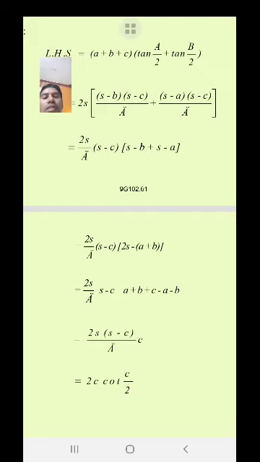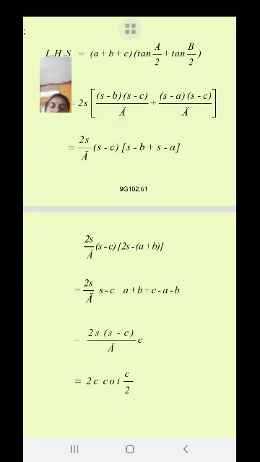Here s minus c should be in a bracket, which is not printed, and 2s we can express as a plus b plus c, and minus of (a plus b). So here minus is multiplied with (a plus b), and it should be in a bracket, and plus a plus b minus b get cancelled, and c is there.